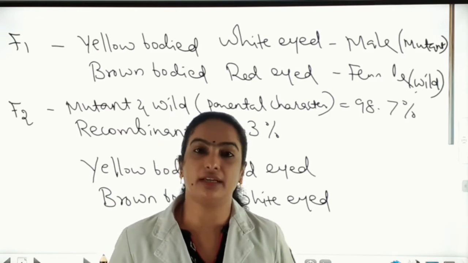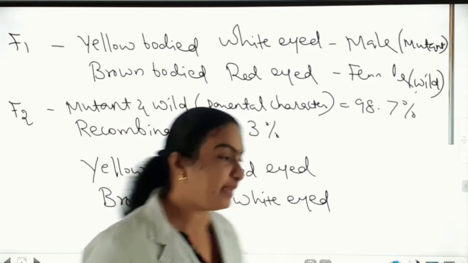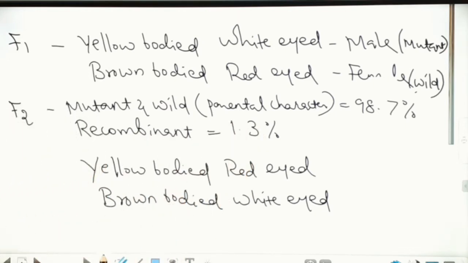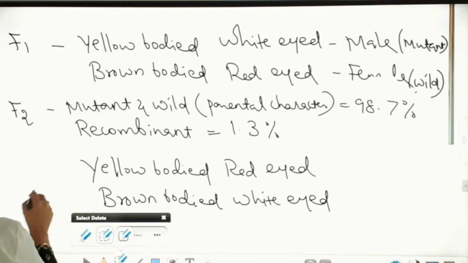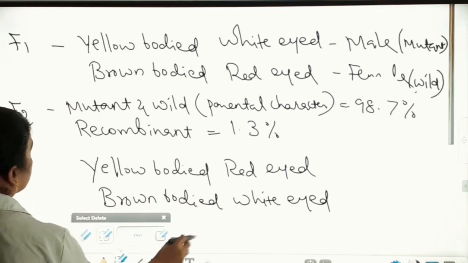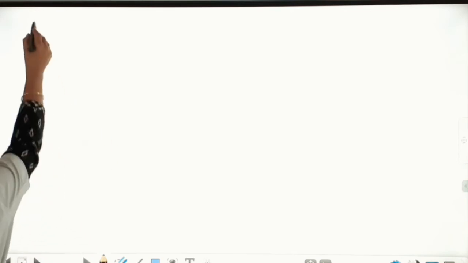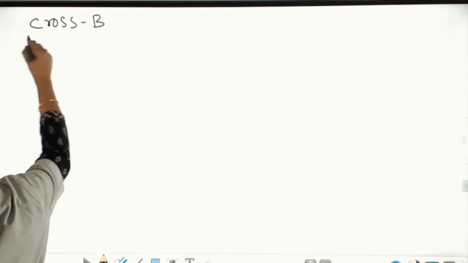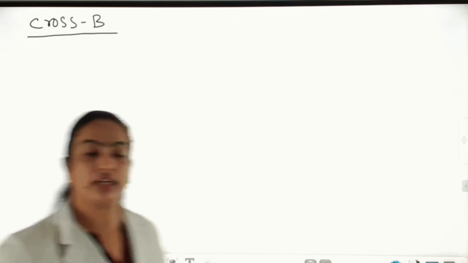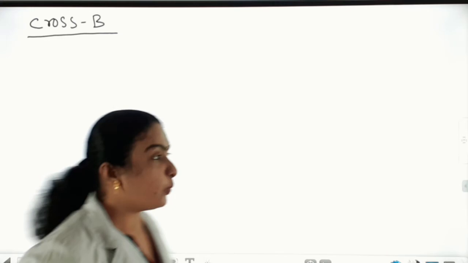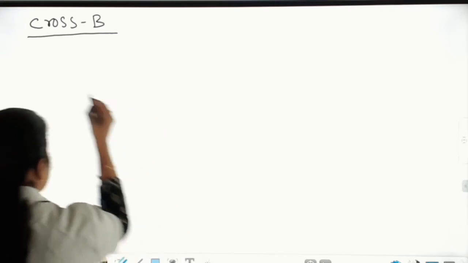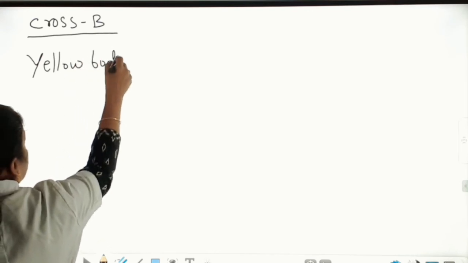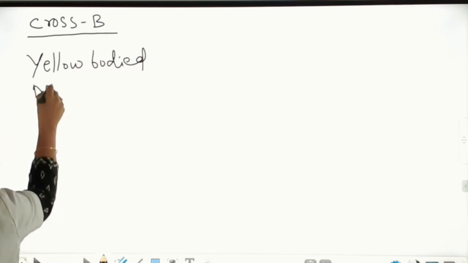Next we can see another cross, that is cross B. Okay, so keep this percentage in your mind. In cross B, he conducted the same dihybrid cross with the female yellow bodied, miniature wing.